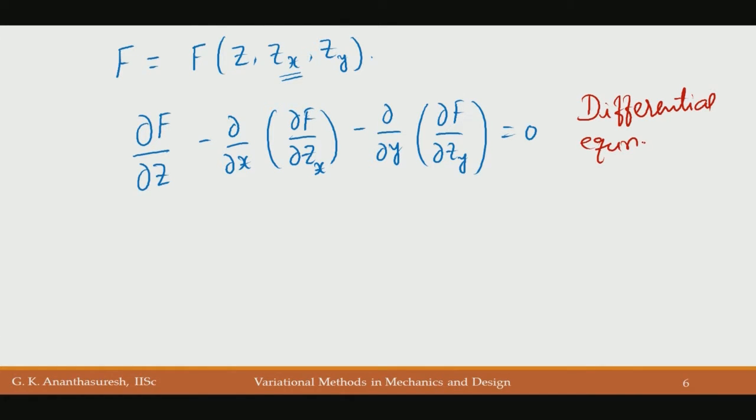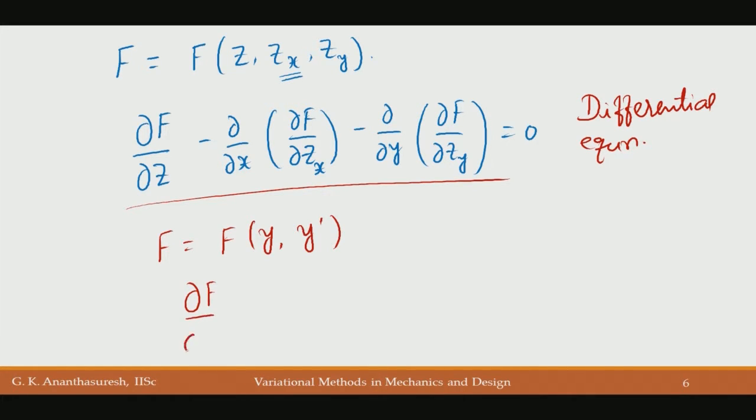If you compare this with when the functional had only one variable like y and y prime, the differential equation, what we call the Euler Lagrange equation, was like this: dou f by dou y prime equal to 0.